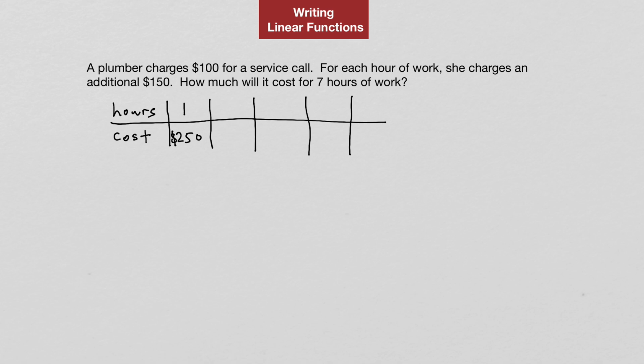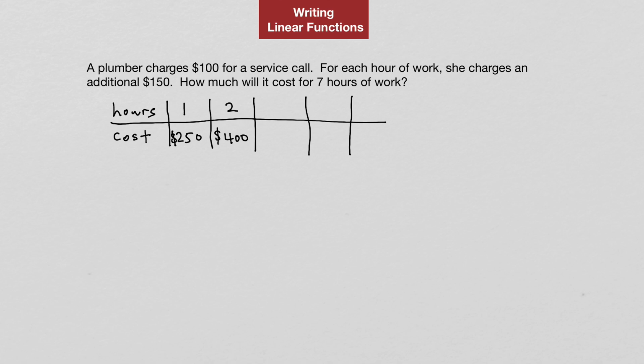And then for 2 hours of work, we still have the hourly rate of $150, but we will not have another $100 service call fee. So then our total cost will be this $250 plus the $150, which becomes $400.